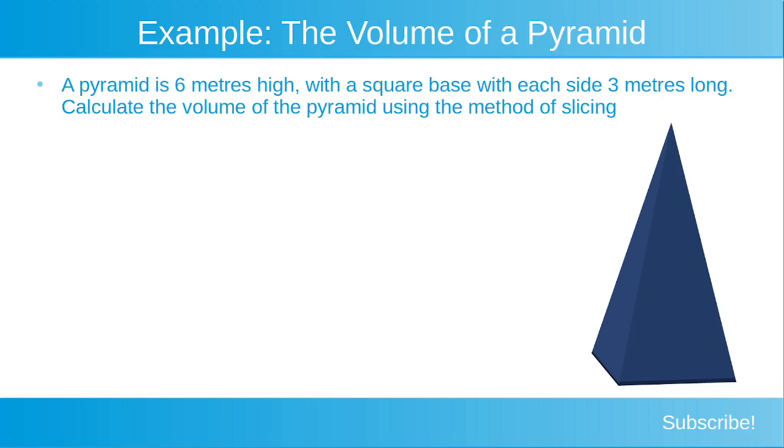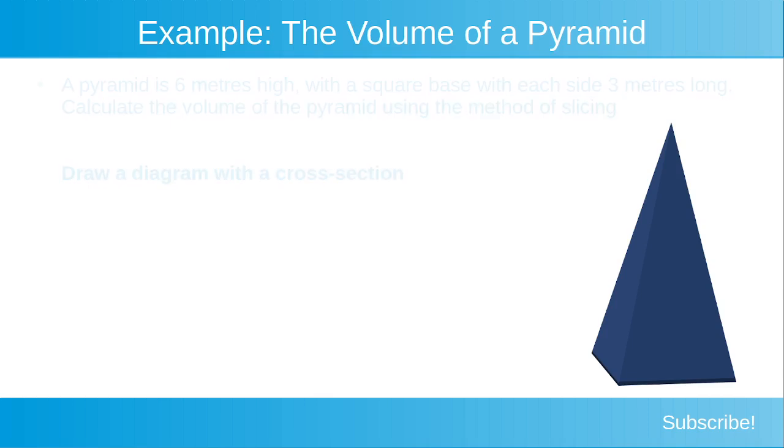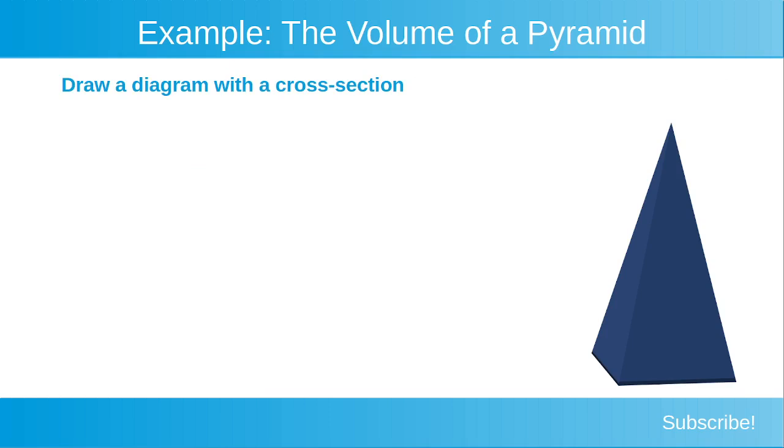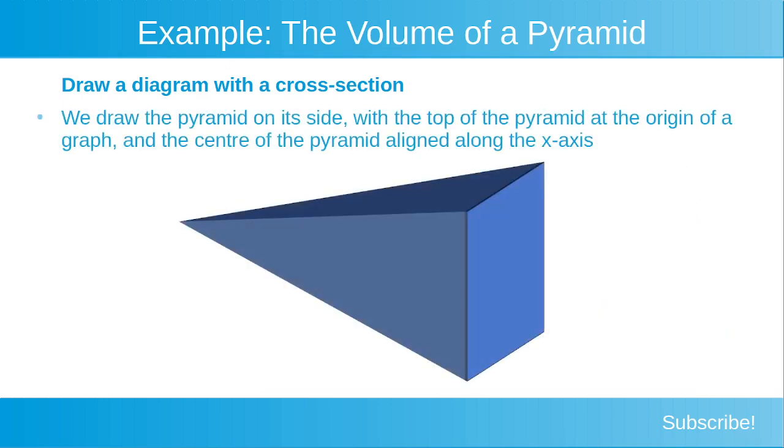So here we're going to use our 4-step method. Our first step is to draw a diagram with a cross-section. We draw the pyramid on its side, with the top of the pyramid at the origin of a graph and the center of the pyramid aligned along the x-axis.